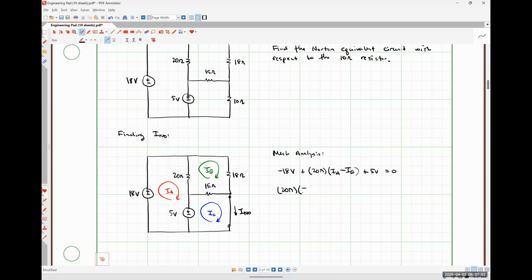So 20 (IB minus IA) plus 18 IB. All right. Great job, Brielle. Thank you. Somebody else tell me what's going on with mesh C. Negative 5 volts.